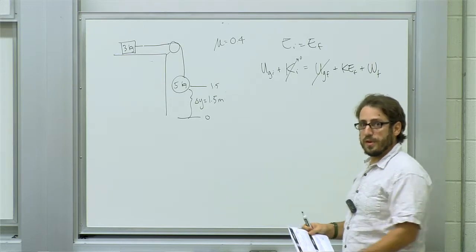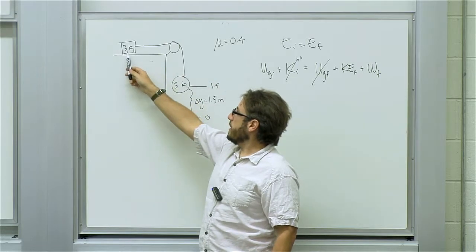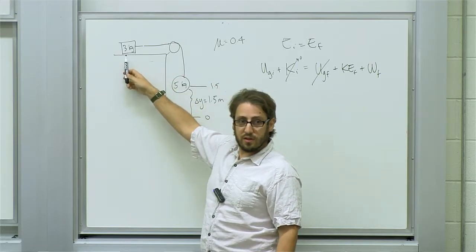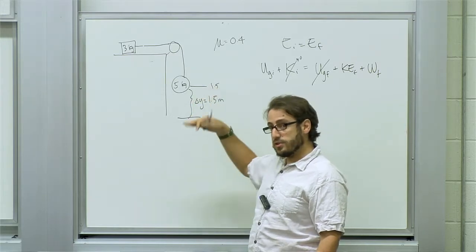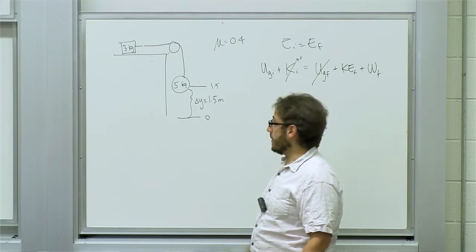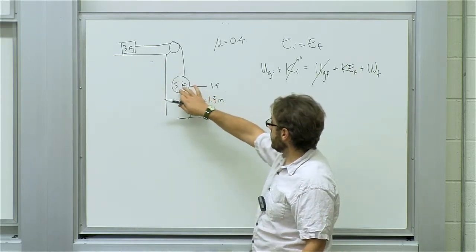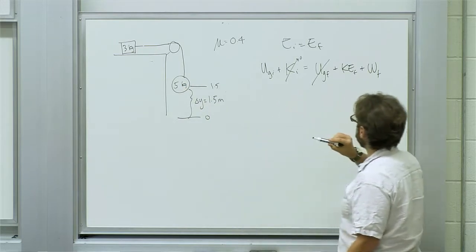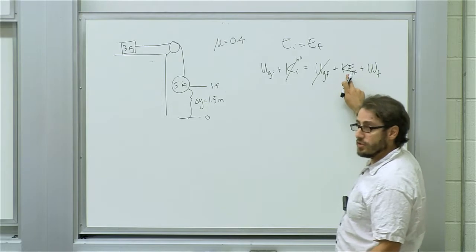The potential energy here depends only on this mass. If this thing weighs 0.3 kilograms or 3,000 kilograms, it doesn't change the potential energy over here. It will change the acceleration of the system, right? Because it'll be harder to accelerate this thing if it's really heavy, but it won't change the potential energy of this guy. The mass of these two guys will come into the kinetic energy here.